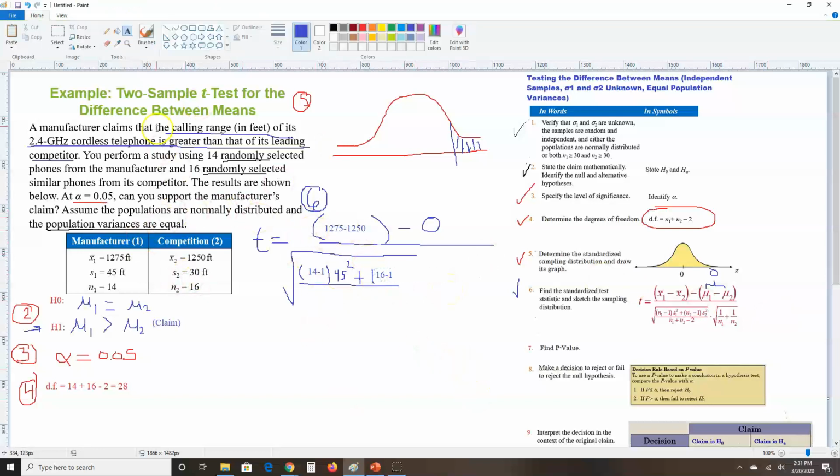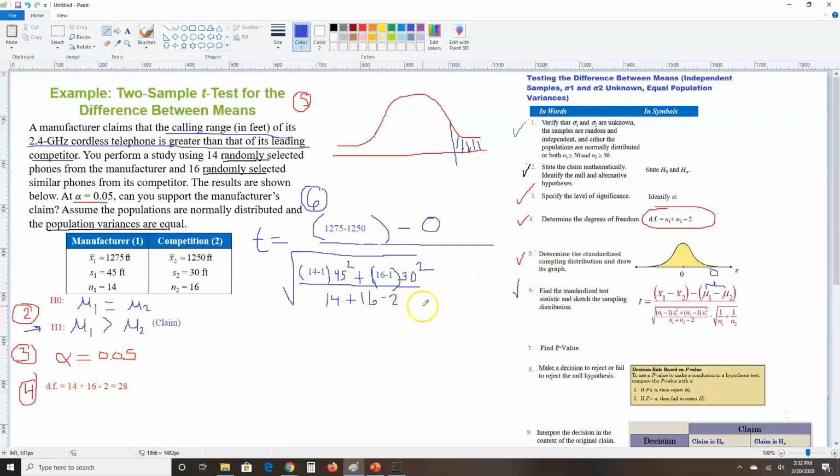Okay. And I'm going to close the parentheses here. This is a parentheses also. And I'm going to multiply that by S2, but I'm going to square S2. Okay, and then I'm going to divide that by n1 plus n2 minus 2, which really looks like the degrees of freedom. So 14 plus 16 minus 2, that's basically the degrees of freedom that we did in step 4.